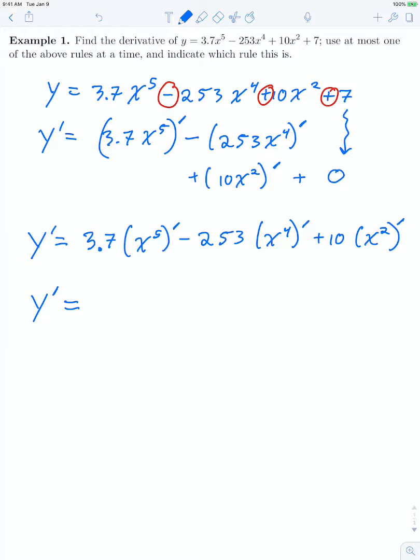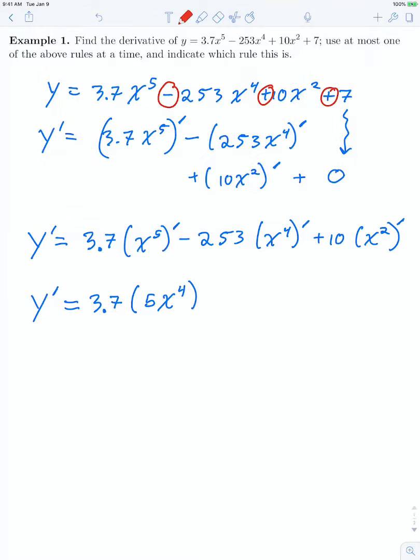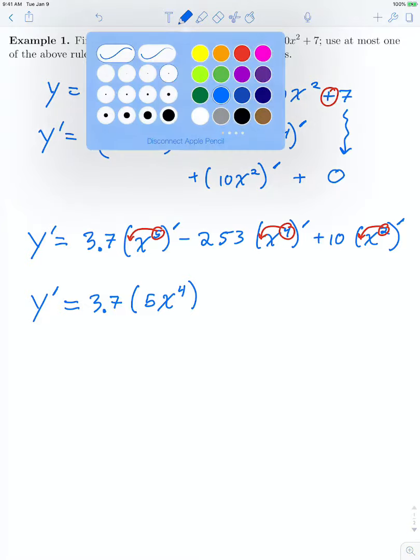So in this case, the 3.7 goes along for the ride. That was on the last step. I bring the 5 down in front, and then I subtract 1 from the 5. So again, just to make it clear, in each case I'm going to bring the power down in front when I take the derivative, that is, and then I will subtract 1 from the power.